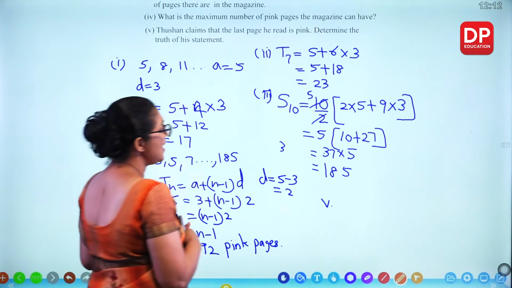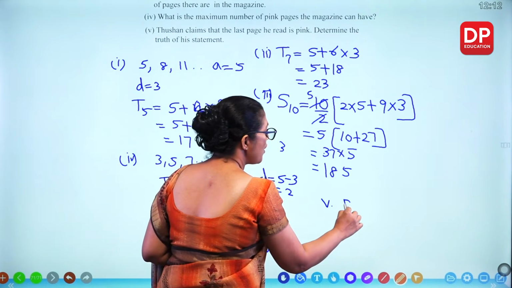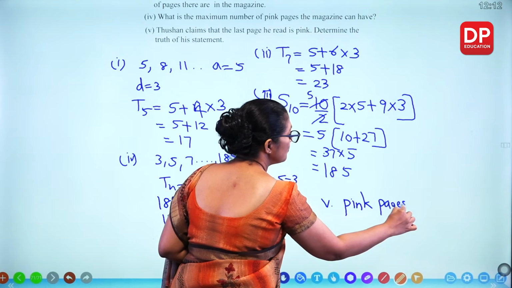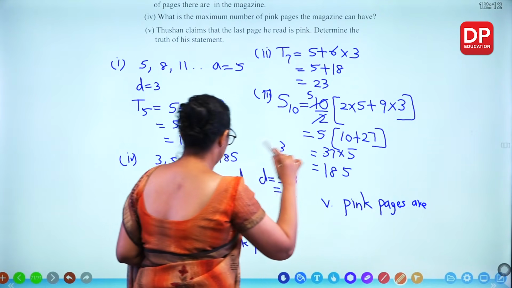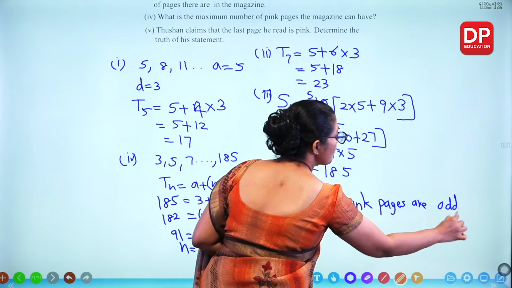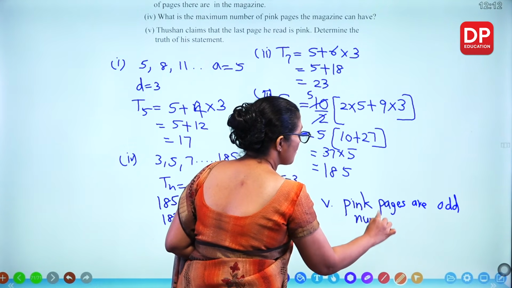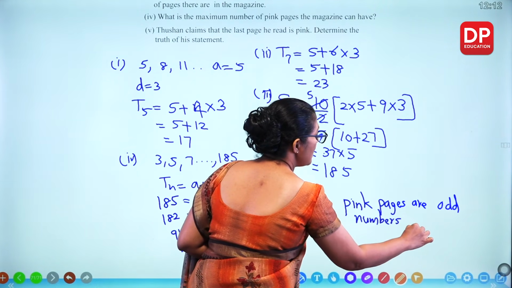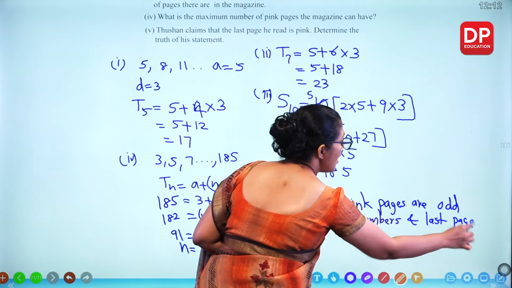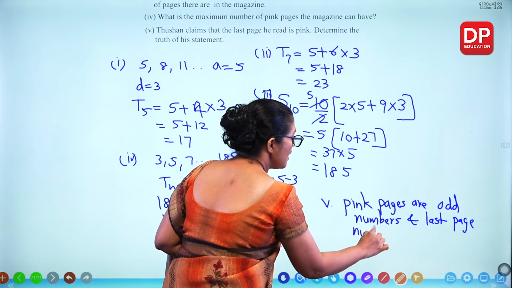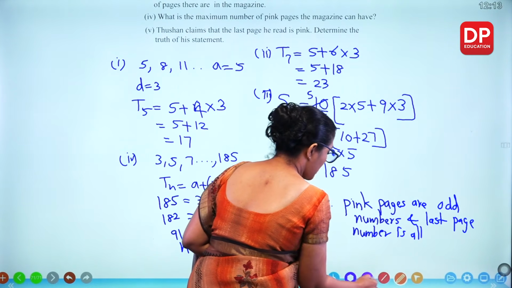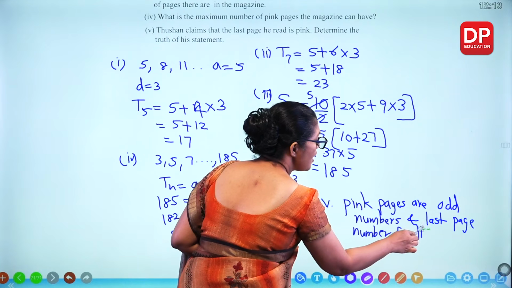So we can say pink pages are odd numbers and last page number is also an odd number.